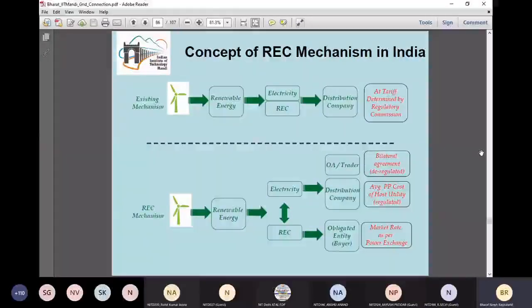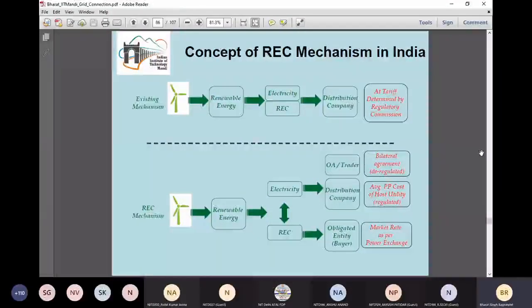It means if electricity is being produced, whether this electricity is from a thermal source or hydro source or nuclear or from renewable energy, the renewable quality is known as the attribute. So this renewable energy is now being divided into two parts: one is the actual electricity, another is the attribute of the word renewable.